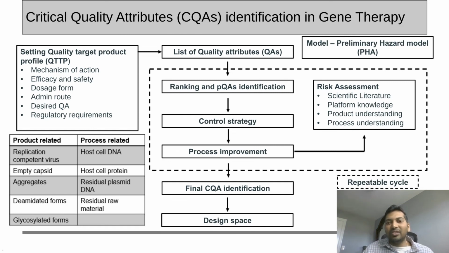Then you rank them, apply it through the process, and define your critical quality attribute. And once you have your identified critical quality attribute, you use your design space and quality by design and apply that.